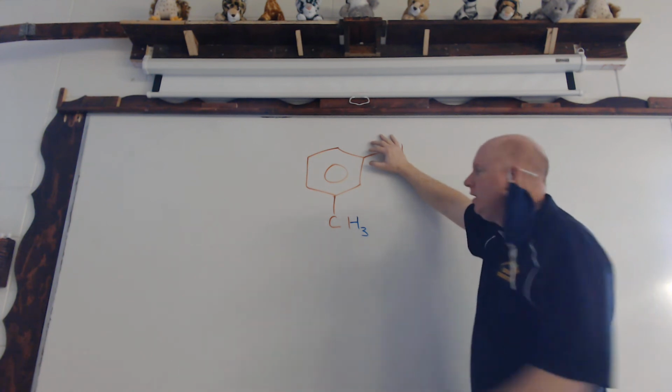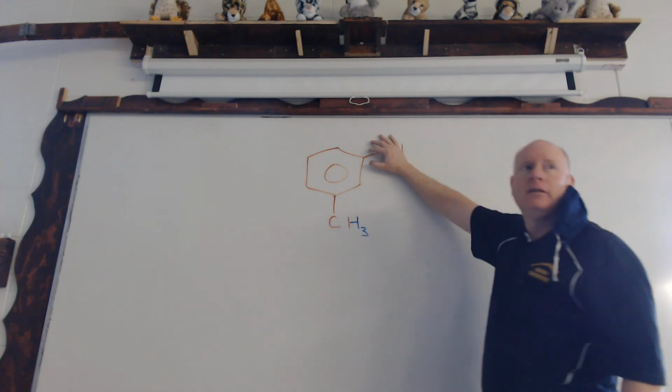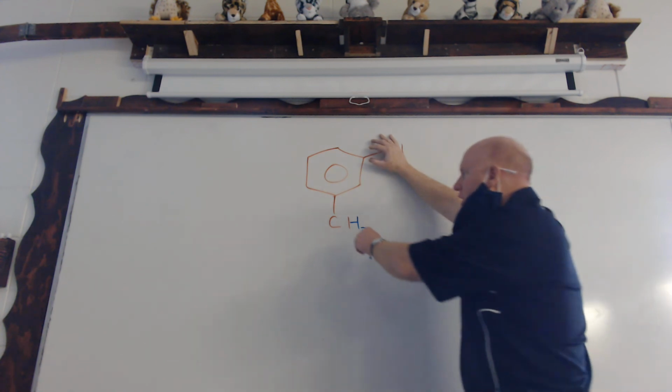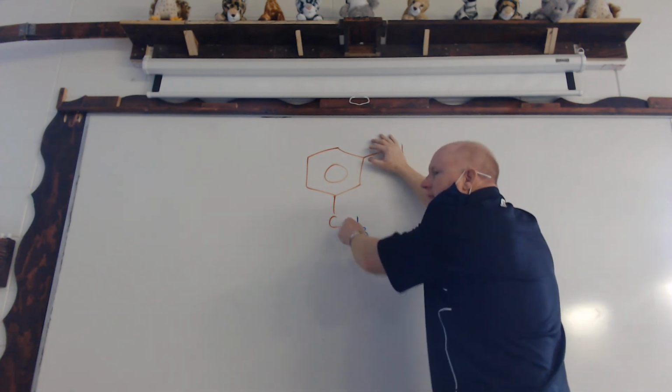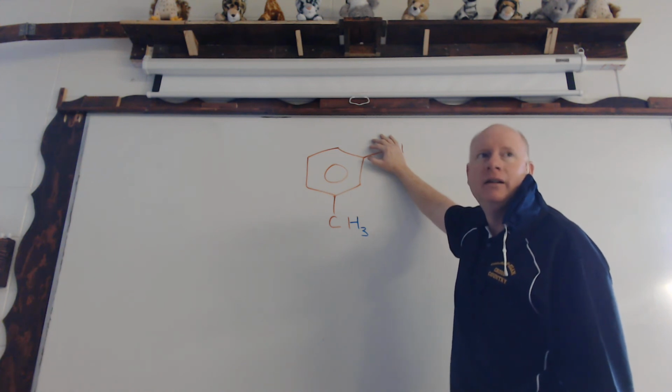Methyl group. So you got a methyl group on what type of ring? Benzene. So you could call this methylbenzene, which I would not suggest you do, but it's right.